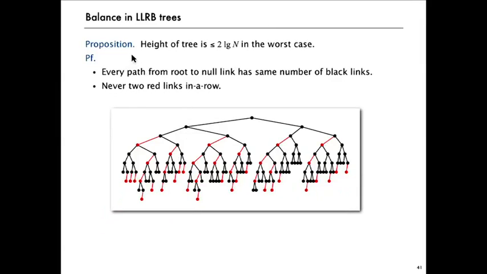Easy to prove by correspondence with 2-3 trees that the height is guaranteed to be less than 2 log base 2 of n. Every search in a left-leaning red-black tree is guaranteed to take less than 2 log base 2 of n, because every path has the same number of black links, so you never have 2 red links in a row.